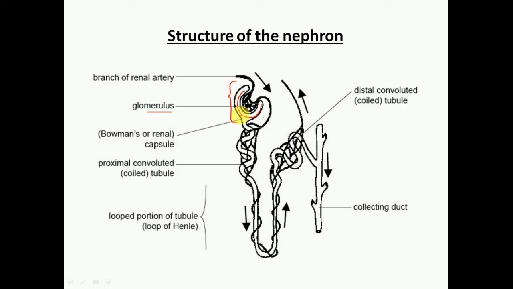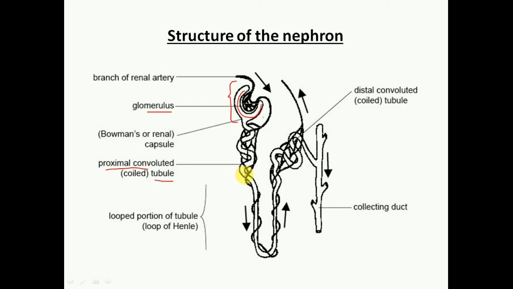After this Bowman capsule there is another tube-like structure which is called the PCT, or the proximal convoluted tubule. It is a coiled structure which emerges from the Bowman capsule and is surrounded by the arterioles. It is surrounded by the branched form of the efferent arteriole. This is the second part, the proximal convoluted tubule.